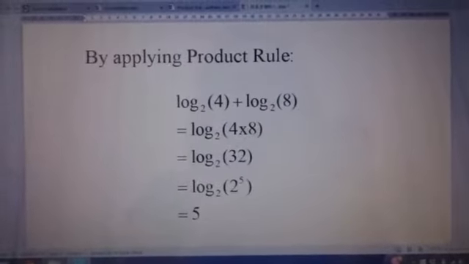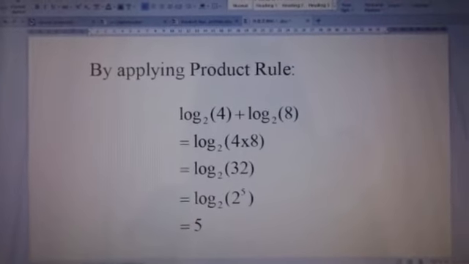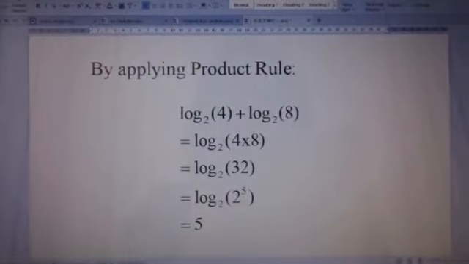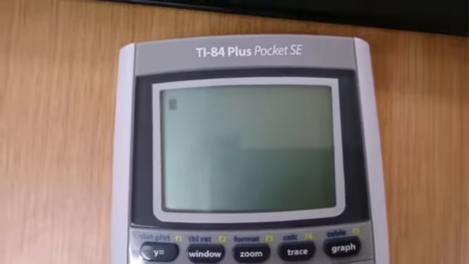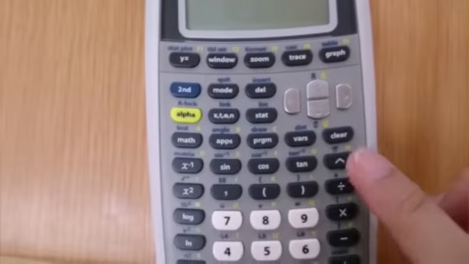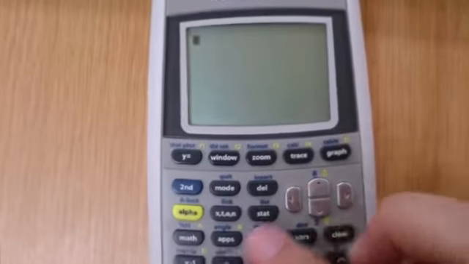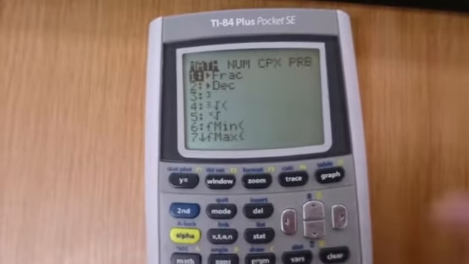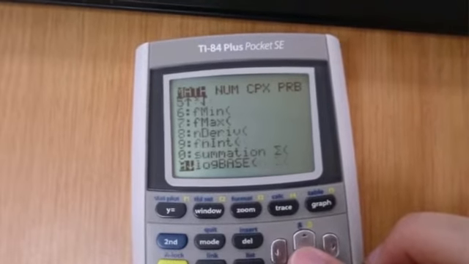If you don't know that 32 is equal to 2 to the power of 5, you can use the calculator to help you. Here I'm going to show you. First, you have to type the log base 2. Usually we can type the log base 10 just by pressing this, but now we need the base 2, so we type math and go to the log base.